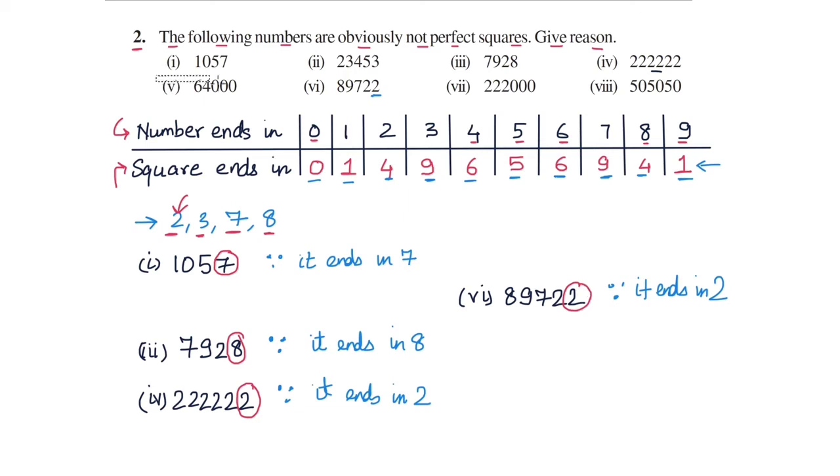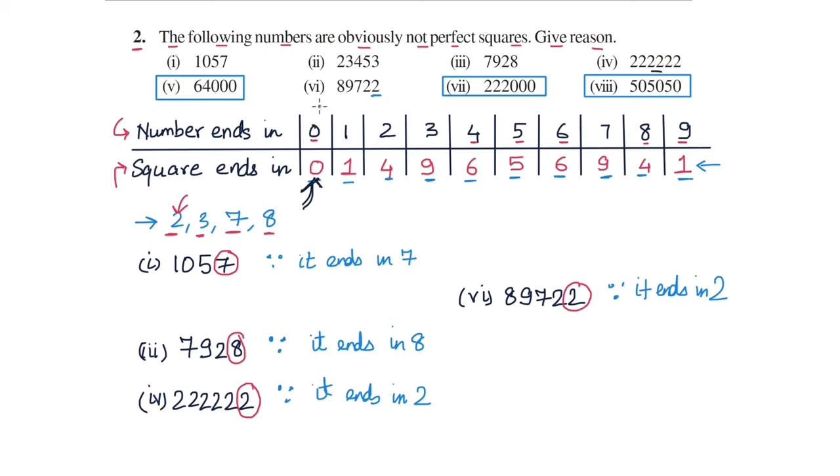Now let us do some more parts, like in part 5, part 7 and part 8, the numbers are ending with 0. And also we have learned that 0 can be the unit digit of a perfect square number. Right?